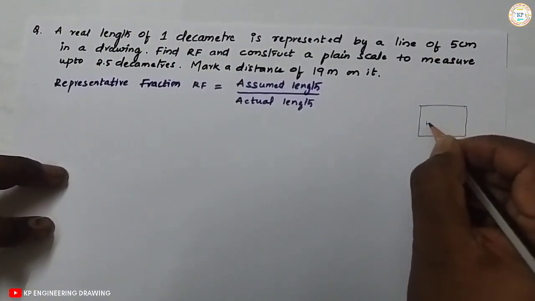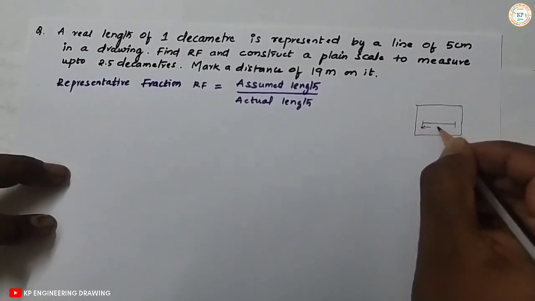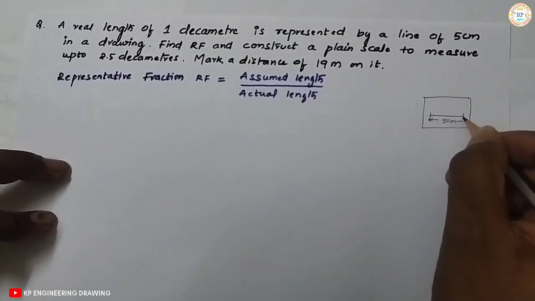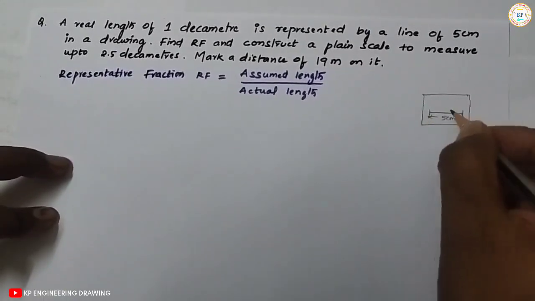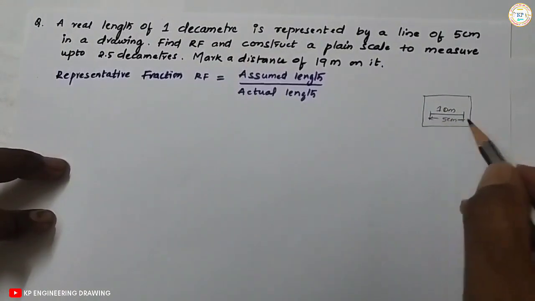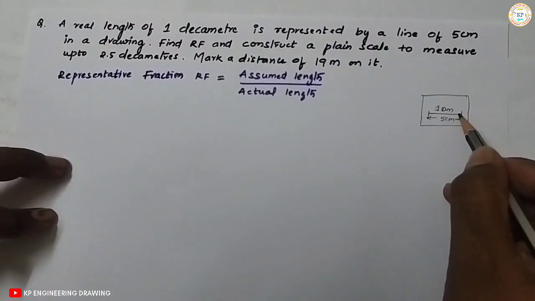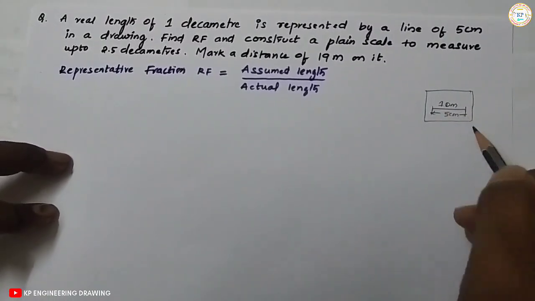So for example, if you take on a sheet, say this is some 5 centimeters and its original distance is 1 decameter. So on a sheet we are representing 1 decameter by using a 5 centimeter line.